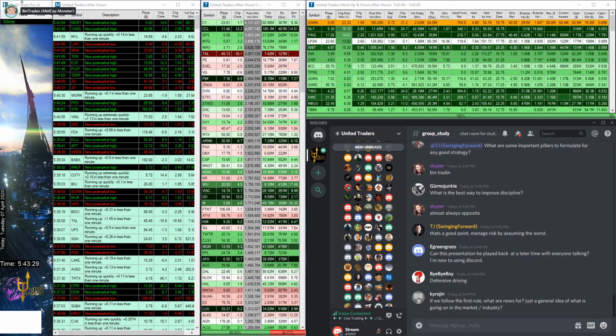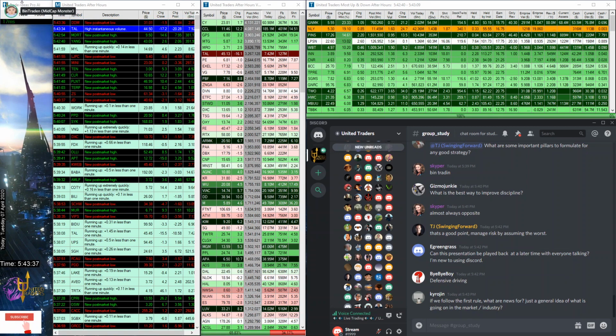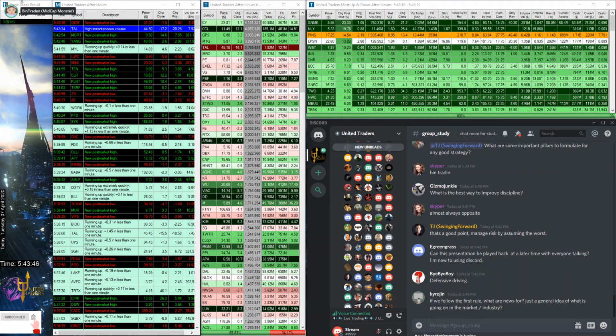Do you jump in at the top of this initial pop and hope that it keeps going up from there? No, you don't. You have the discipline and patience to wait for a pullback or some kind of consolidation, and for it to break out of that pullback or consolidation before you make a long entry. Same thing with a stock that's doing the opposite, that's tanking.